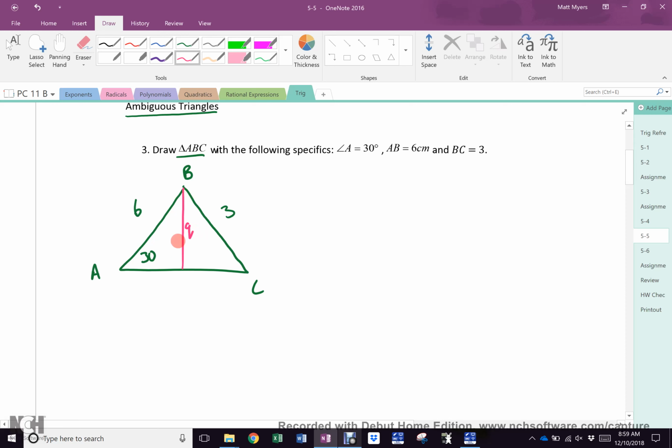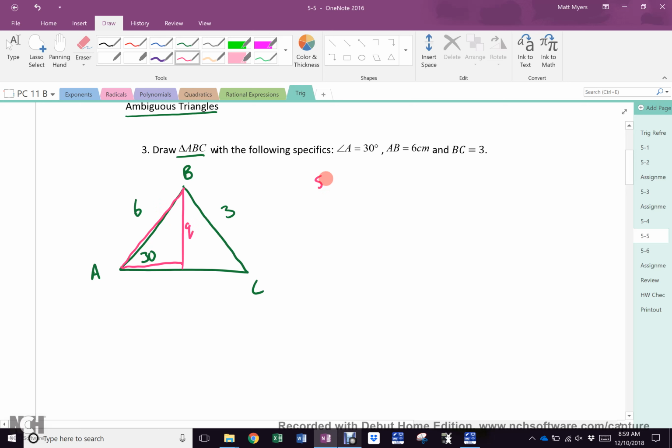Now, once I make that line, that gives me this triangle. Is everybody okay with that? All right. Now, in that triangle, what would I do with SOHCAHTOA trig, so only 90 degree trig, to find Q? How could I find the value of Q?